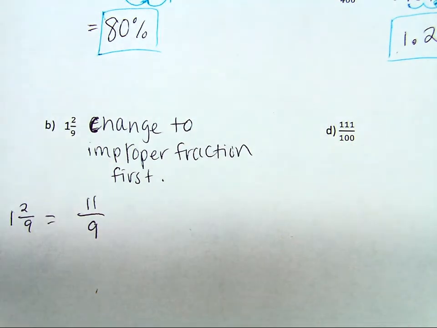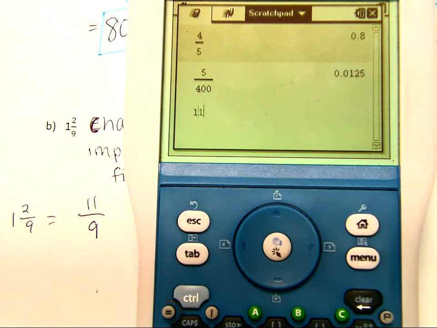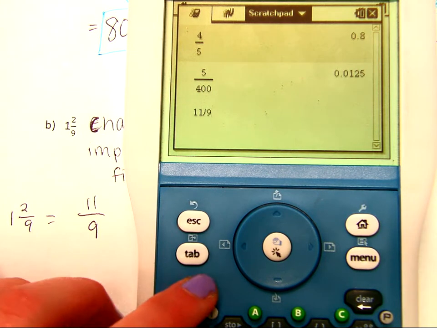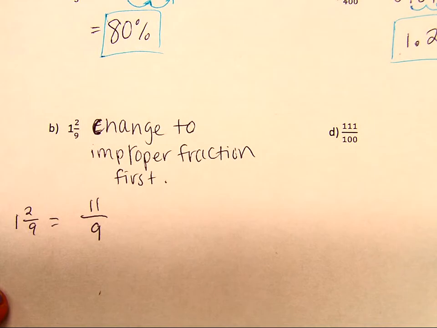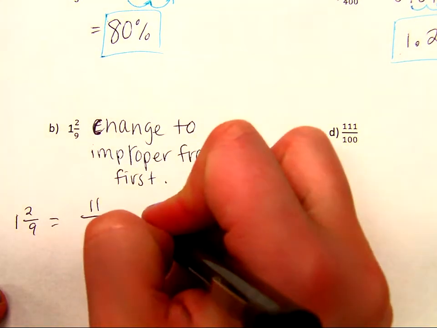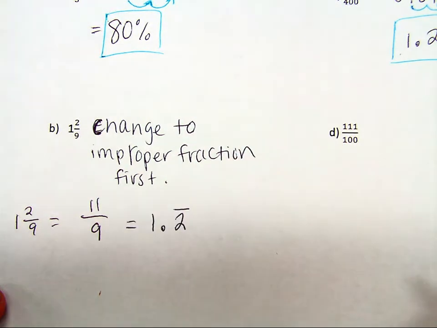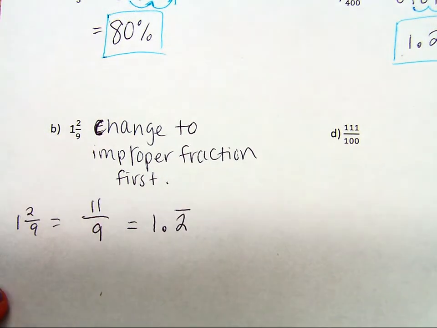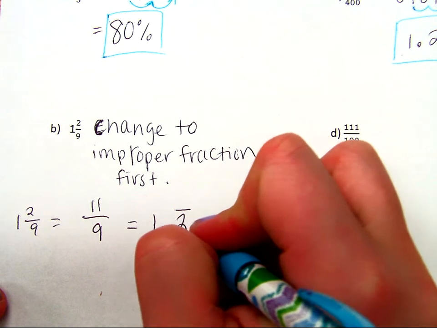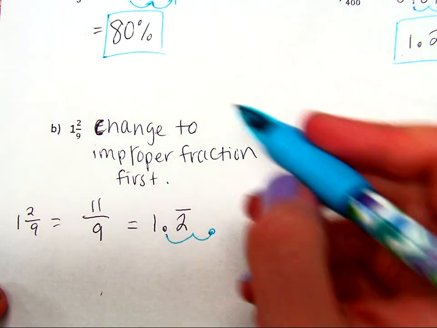Now, in my calculator, I'm going to hit 11 divided by 9, Control, Enter, and I get 1.22222. 1.2 repeating, we'll say. So, this is my decimal. Now I need to scooch it over 2 places to the right to turn it to a percent.